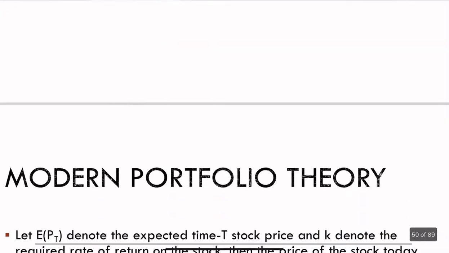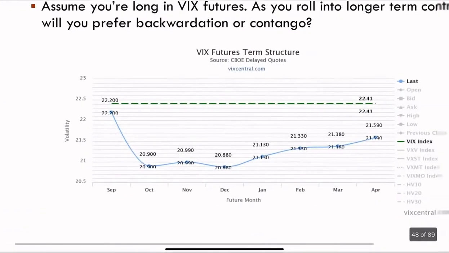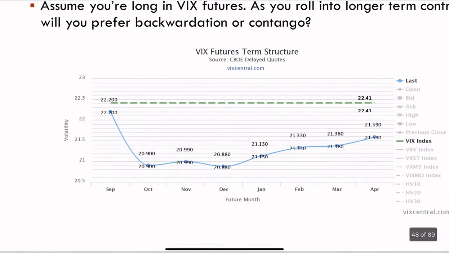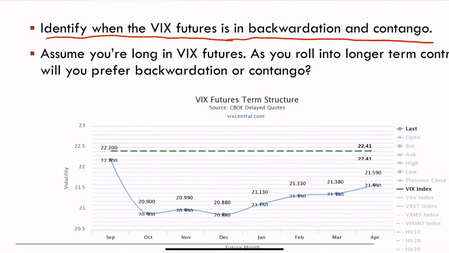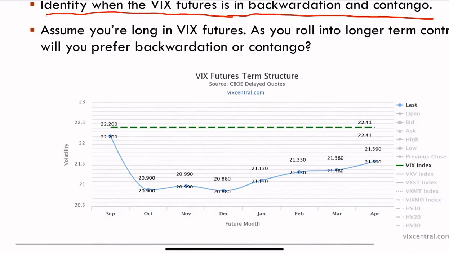Now we are talking about a picture with multiple futures, right? Okay, great. Now let's finally answer this question here. When this futures is in backwardation, let's just pick two futures.